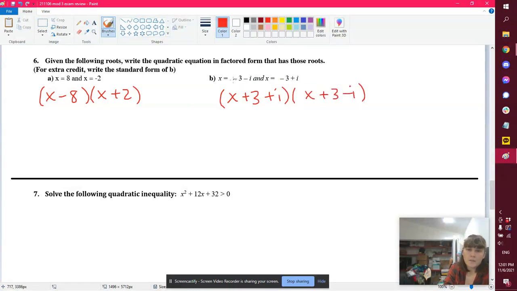Right? This root gives us this factor because we've had 2 negatives and now it's 2 positives. This root gave us this factor. We had a negative and a positive, and now it's a positive and a negative. Same thing here. Same thing here.